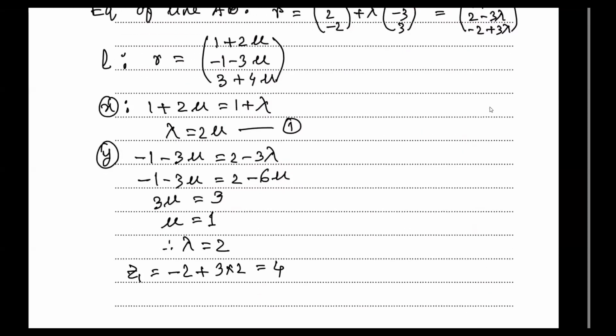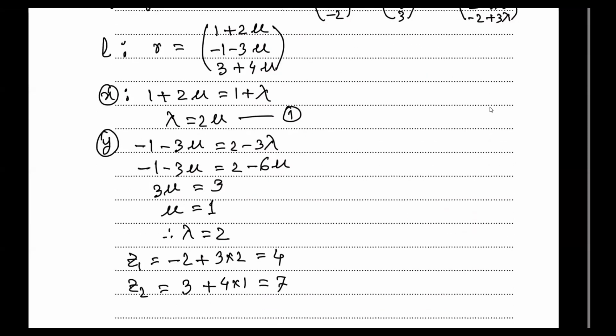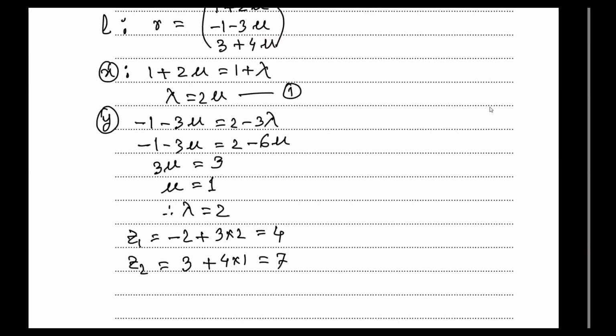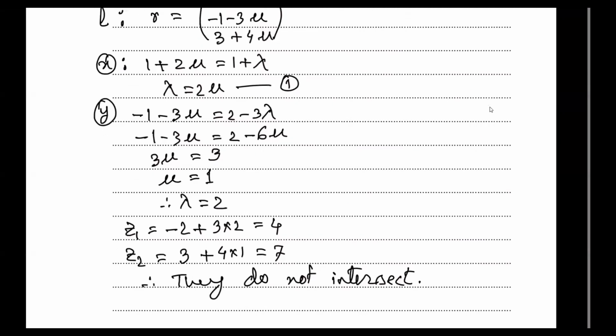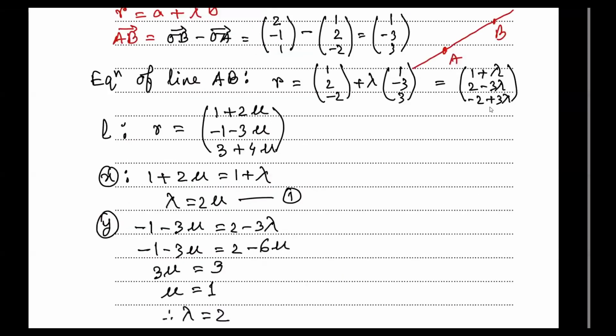And Z2, the z coordinate from L, is 3 plus 4 into 1, that's 7. These two do not match, they are different. Therefore, they do not intersect. Okay, these two lines do not intersect. That's fine. That's what we have to show here.